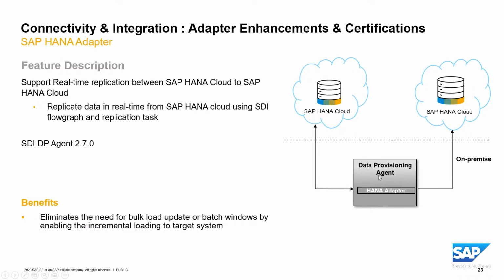You can replicate the data from HANA Cloud to HANA Cloud in real time. So this eliminates the need for doing it in batch or uploading in batch windows for incremental loading in the target system. Now we support real-time replication from HANA Cloud to HANA Cloud.